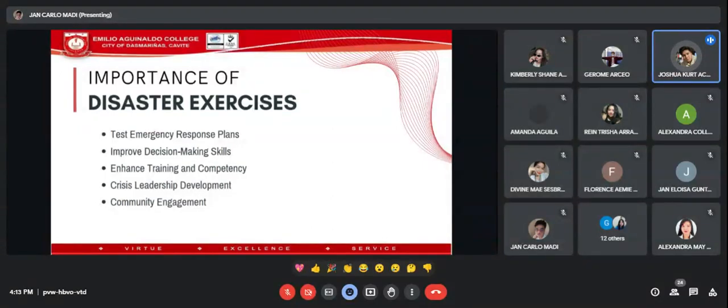And ayun nga, engaged communities are more likely to respond proactively during disasters. And ayun, may possibility na pwedeng ma-reduce nun yung overall impact and enhancing the effectiveness of emergency response efforts. Yun lang.